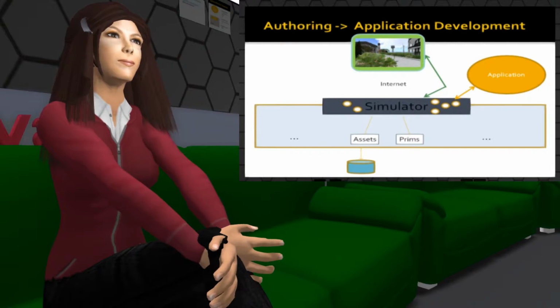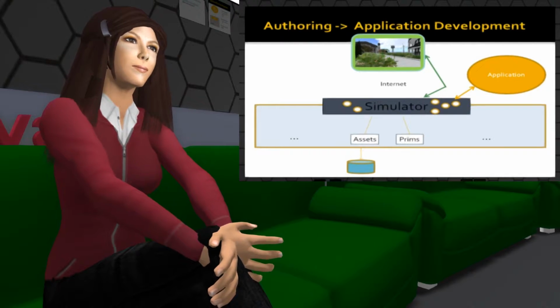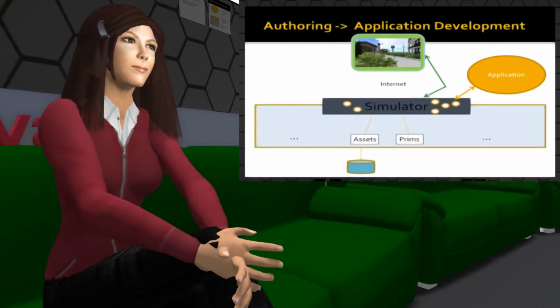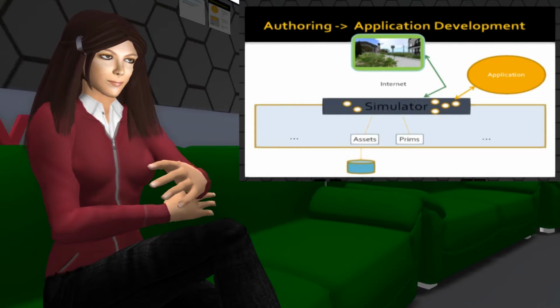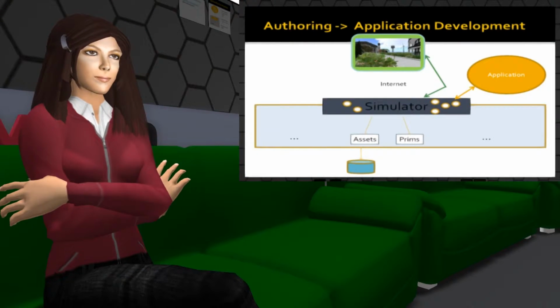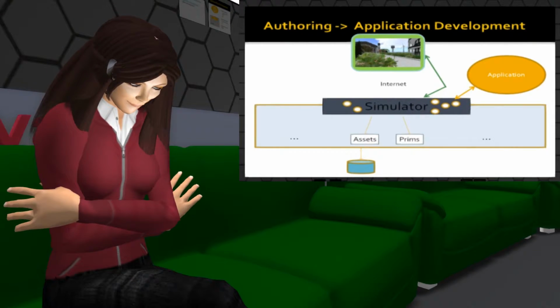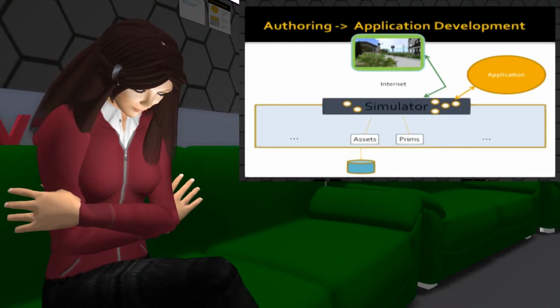It's the idea that we can move from authoring prim by prim, manually, by a person, to doing an external application development that injects objects into the scene and controls the objects in the scene for other people to see.